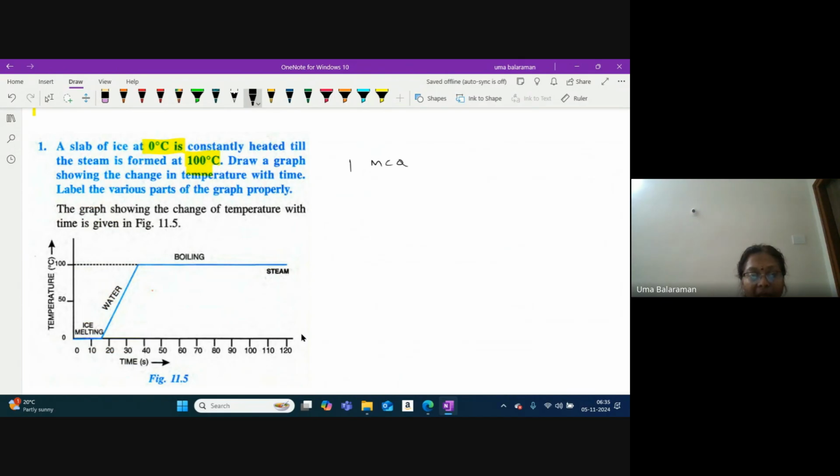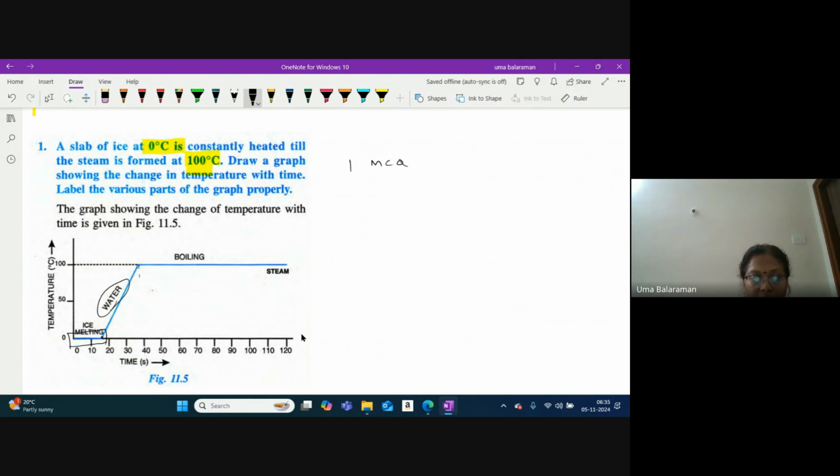So for ice, there is no increase in temperature. It is remaining at 0 degrees Celsius for a while, for 18 seconds here. And then it starts increasing. So this is the water phase. Here it is ice phase.